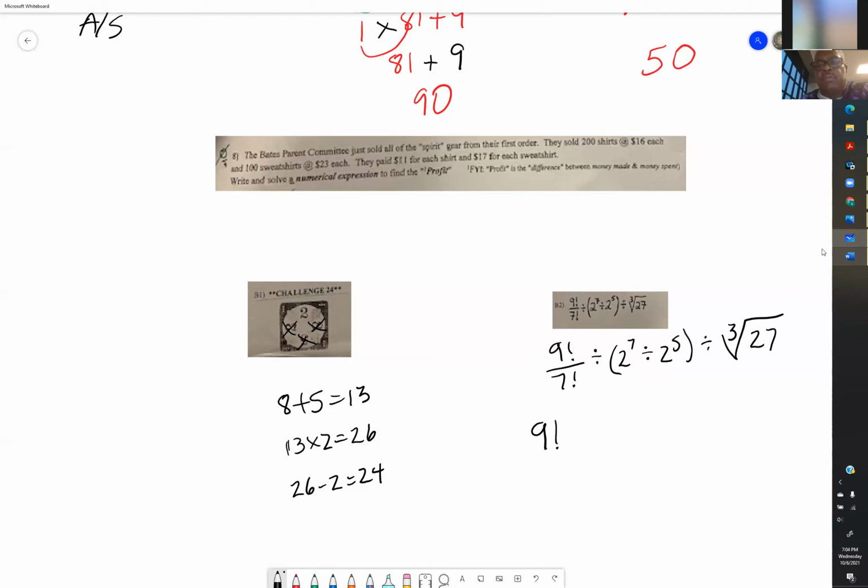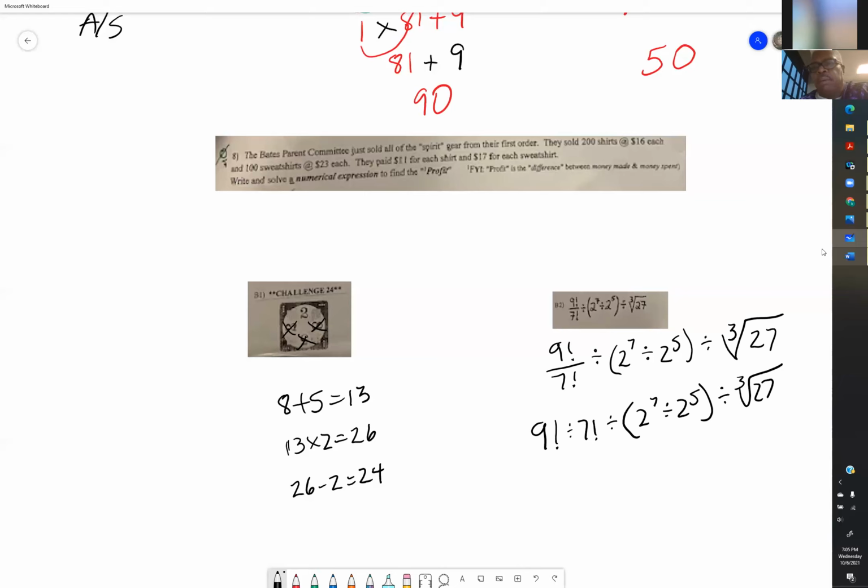9 factorial divided by 7 factorial, which is divided by the quotient of 2 to the 7th power divided by 2 to the 5th power, which is divided by the cube root of 27. All right, so I don't want to go into factorial.